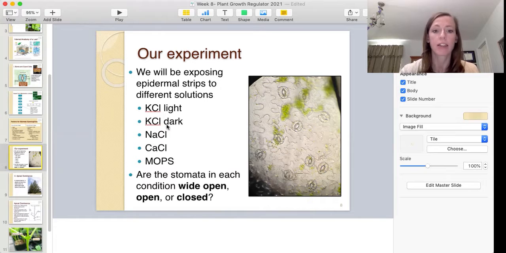The other solutions involve potassium, which is a monovalent cation, and chloride, which is a monovalent anion, comparing those in light and dark, as well as looking at sodium chloride. Sodium is also a monovalent cation, and calcium chloride. Calcium is a divalent cation, and we had talked about the effects of calcium on closing of the stomata.